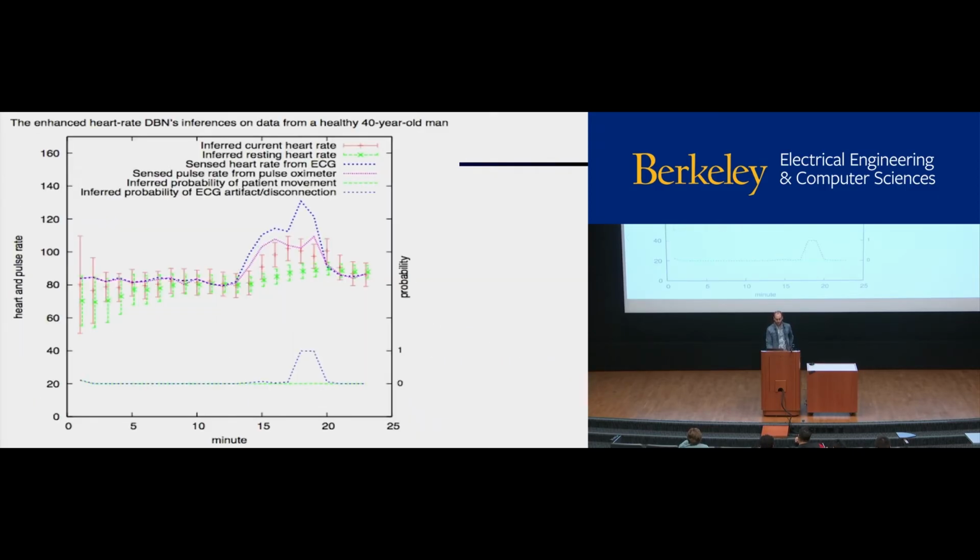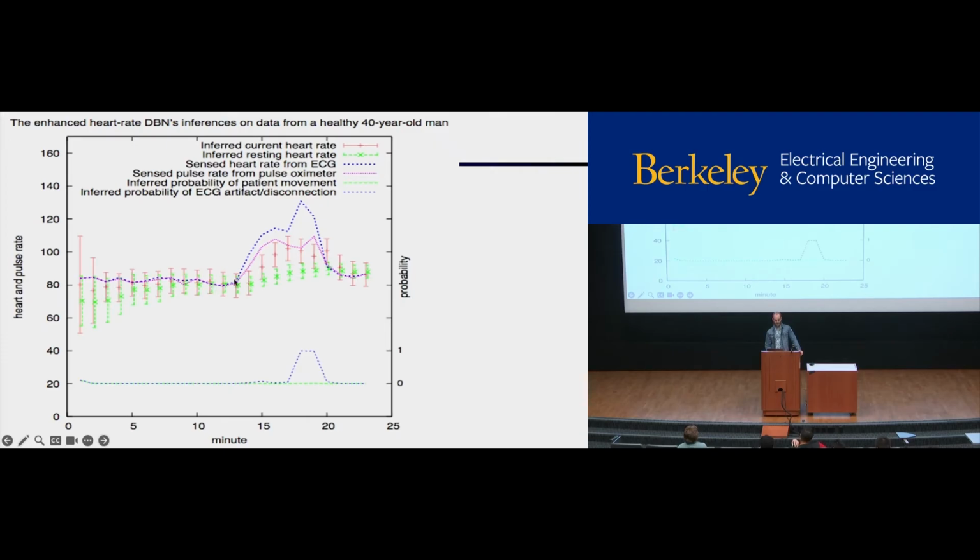And here's an example of using this to infer the hidden variables over time. The pink line and the blue line are two measurements of the heart rate. The dashed green is the inferred resting heart rate, and the red is the inferred current heart rate.